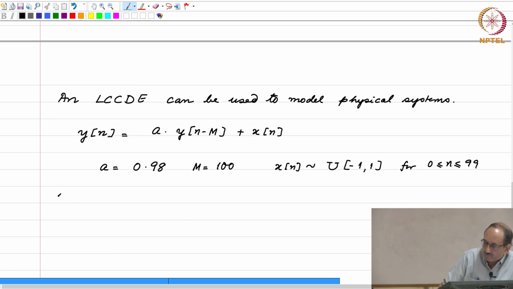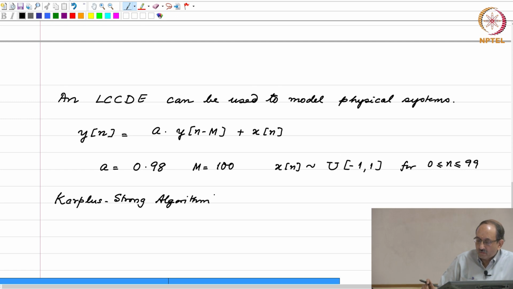You need to look up what's called the Karplus-Strong algorithm. If you're curious to learn more, please look up the Karplus-Strong algorithm.